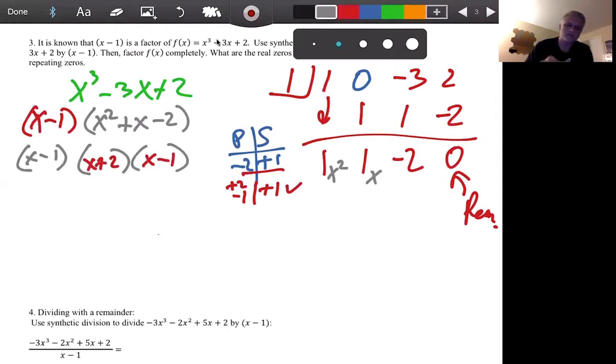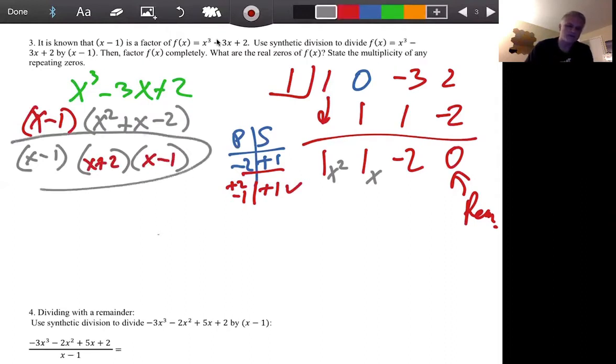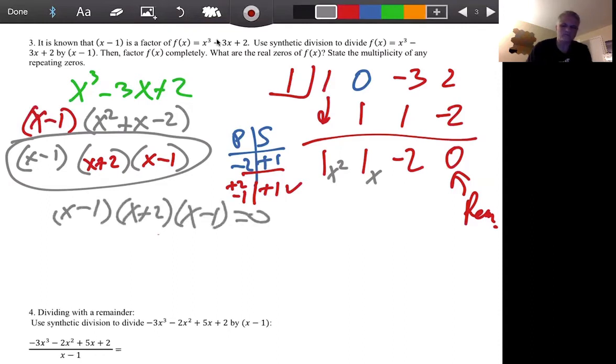So part 1, factor it fully. It's factored. Part 2, what are the real zeros? So if I set this equal to 0, and you split it, you've got x minus 1 equals 0, you've got x plus 2 equals 0, and you've got x minus 1 equals 0.